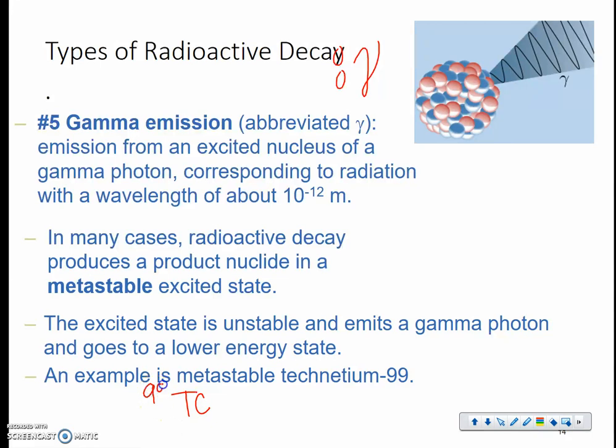So if something is metastable, it'll have a little m next to it. So it's going to release this gamma energy, which is just a source of radioactive energy, and still be the same element, Tc-43, sorry. But it's just more stable.